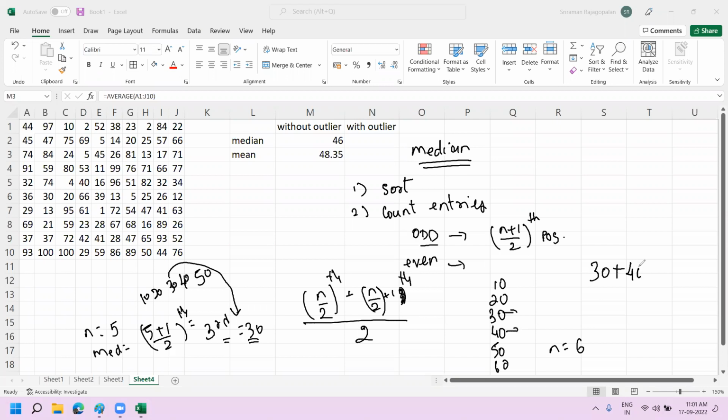So 30 plus 40 divided by 2, which is how much? 35. If you look at this value, 35 is right in the center. So 50% of data is to the left of the median, 50% of data is to the right of the median. This is the formula.